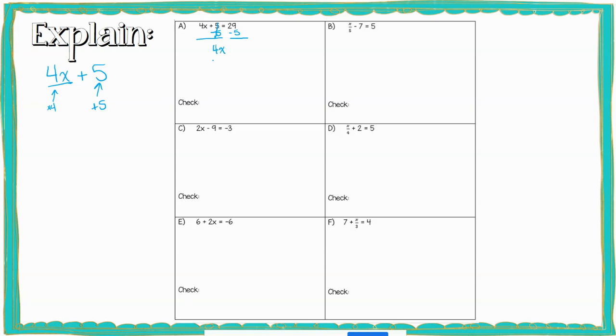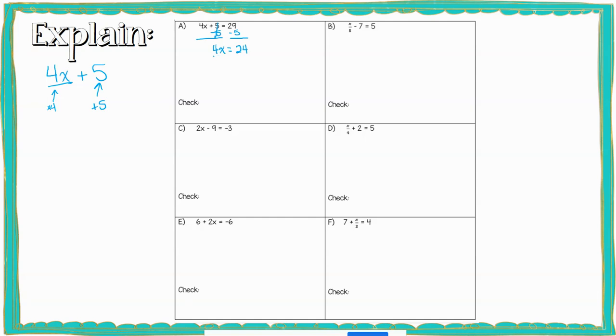So you'll notice that unlike within a one-step equation, I'm not left with the variable by itself after the first thing. So I'll have to do another step. 29 minus 5 gives us 24. Now my equation says 4x equals 24. We know that 4x means 4 times x, so we would need to use the inverse of multiplying by 4.